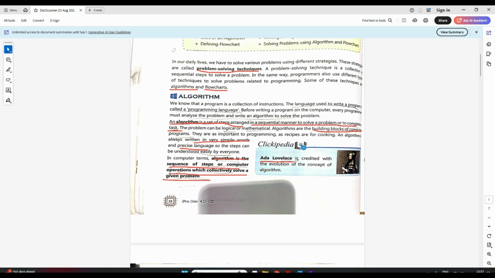And finally you get your cake as the output. So in any algorithm we generally have these steps: an input, then you process that input, and finally you get the output. Clear? I hope it's clear.